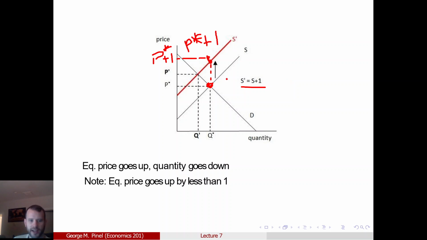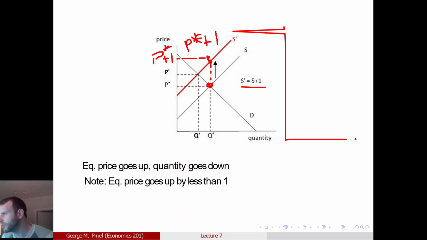The slope essentially determines by how much P star plus 1 differs from P prime. If you have a very flat supply curve, then P star plus 1 is going to be exactly equal to P prime.